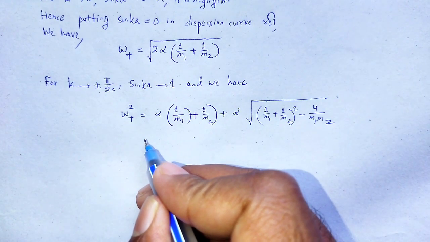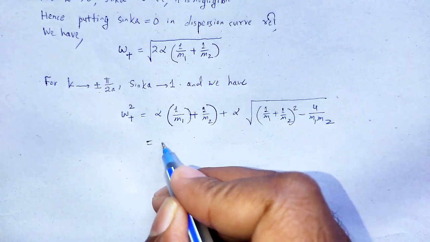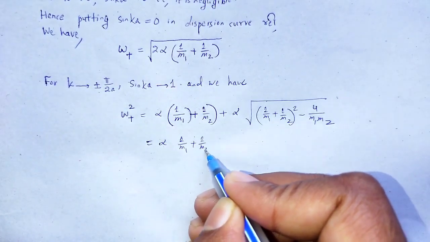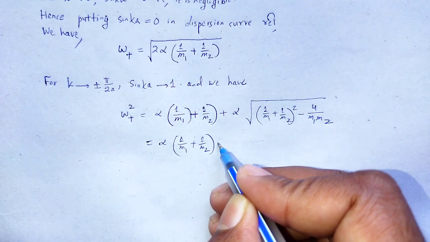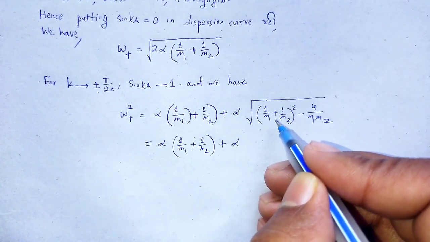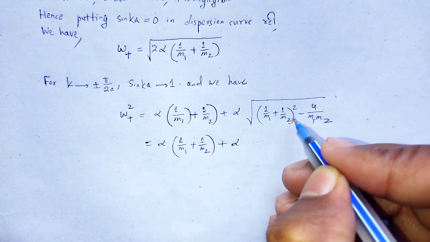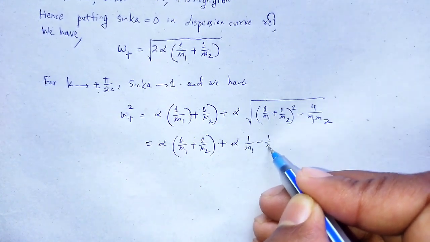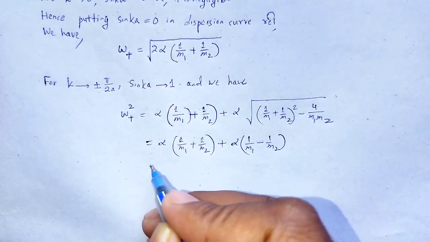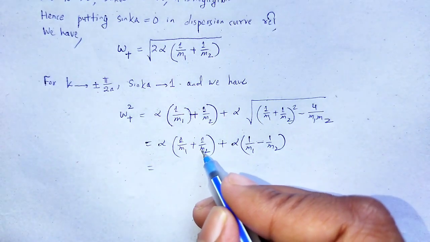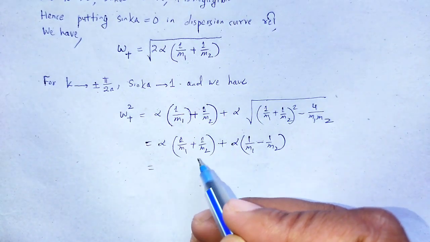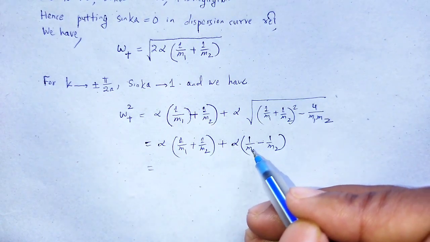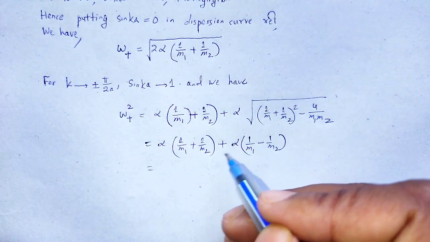Therefore, we have alpha times 1 by m1 plus 1 by m2 plus alpha times under root of 1 by m1 minus 1 by m2 whole square, so 1 by m1 minus 1 by m2. Again expanding this bracket, the minus term and plus term cancel out, alpha divided by m2 minus alpha divided by m2 cancel out.